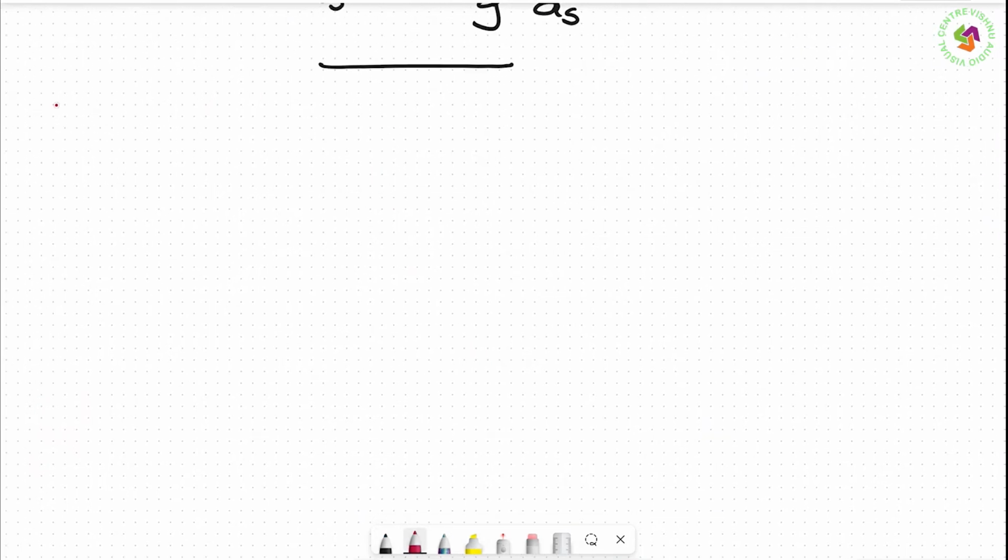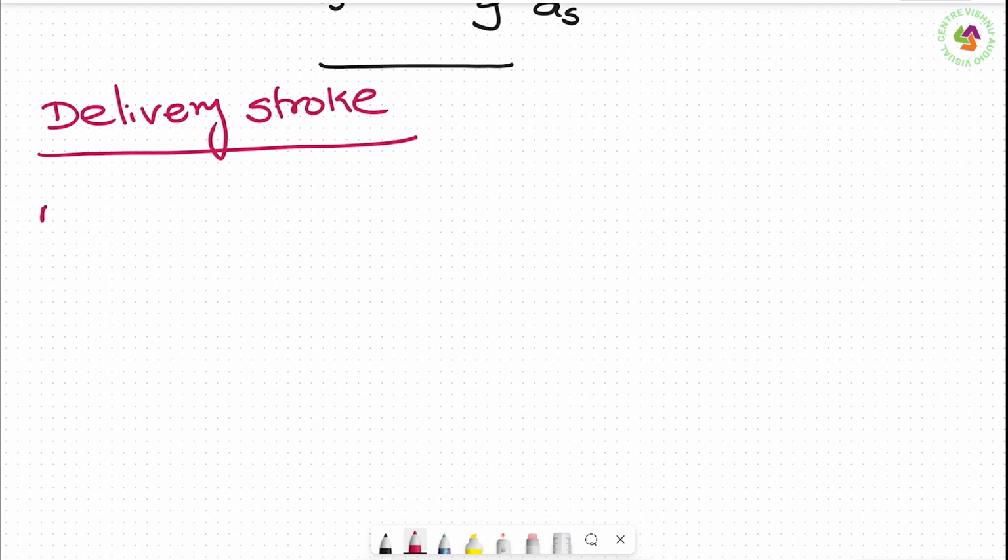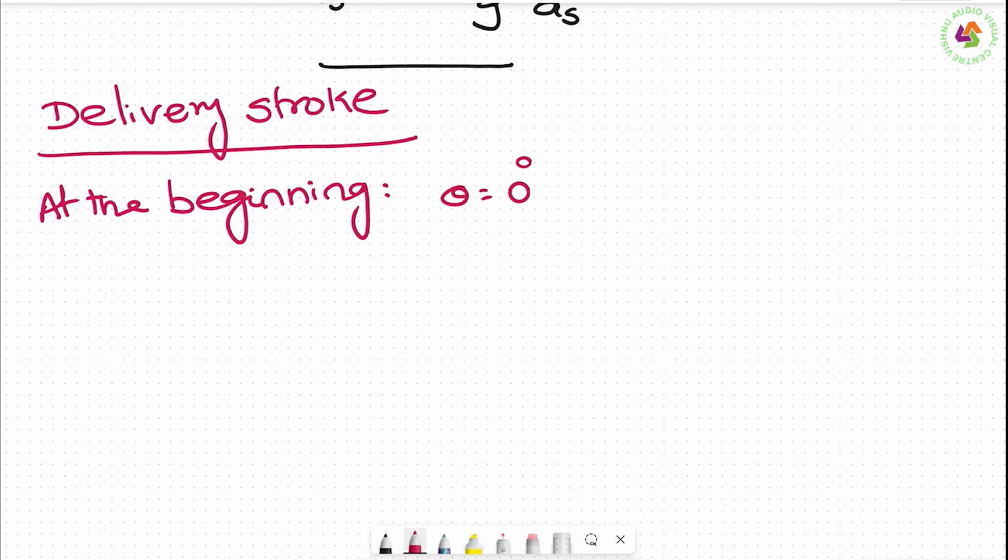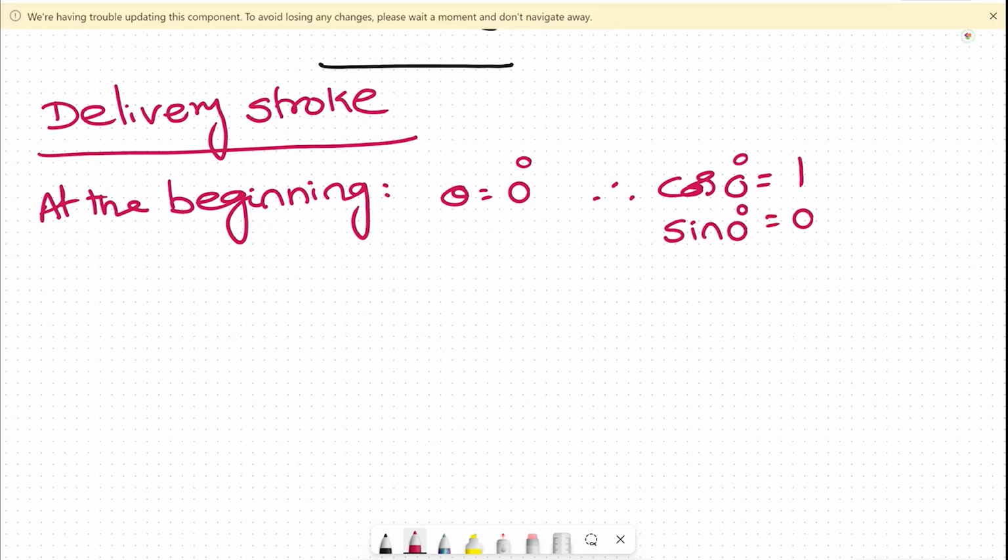Similarly, if I go to the delivery stroke, at the beginning, theta is equal to 0, therefore cos 0 is equal to 1 and sin 0 is equal to 0.